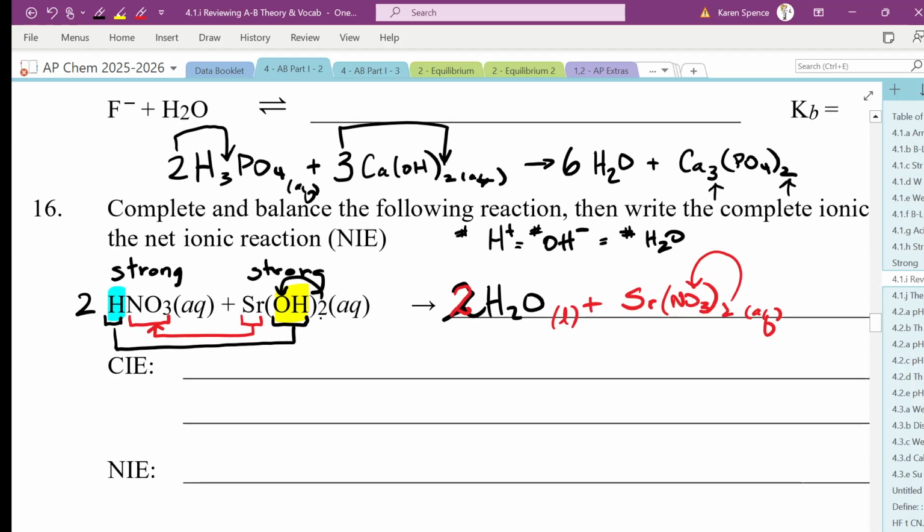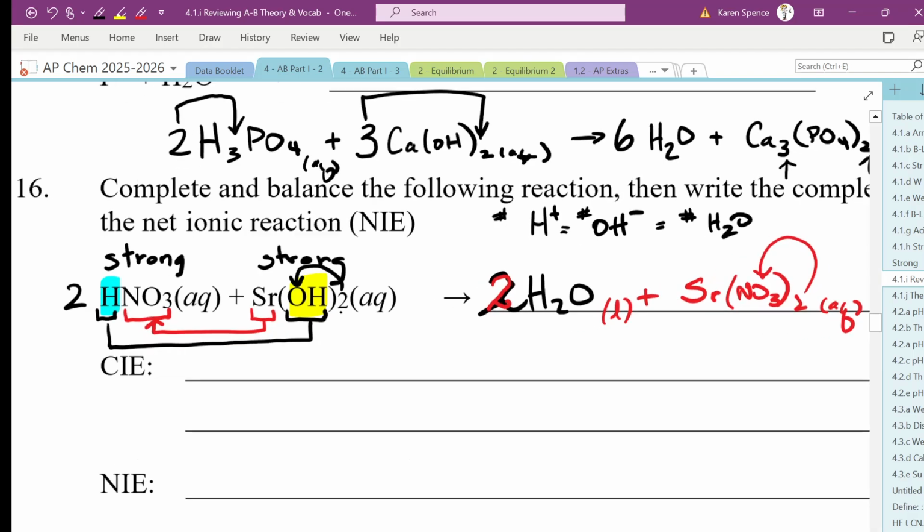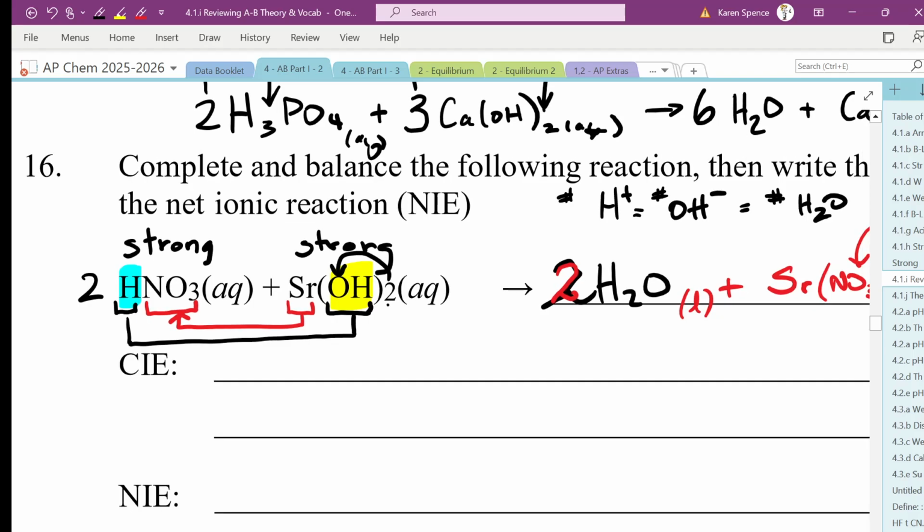All right, let us take this bad boy and turn it into a complete ionic equation. What is HNO3? H plus. Pardon me? The coefficients? Yes, you must use the coefficients. So what have we got there?